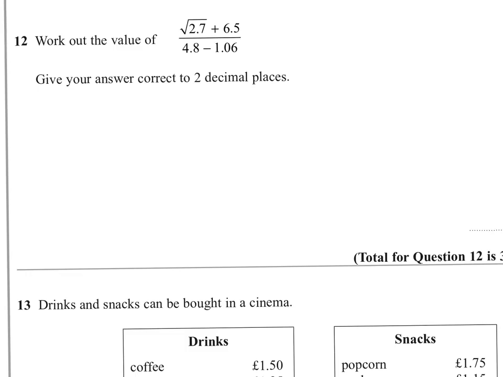Question 12. Work out the value of the square root of 2.7, add 6.5, all divided by 4.8 minus 1.06. Now, why have I put brackets around there?